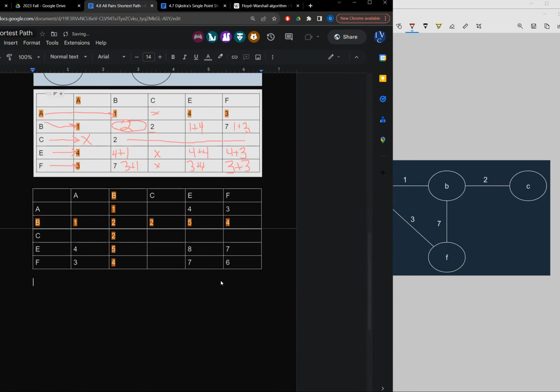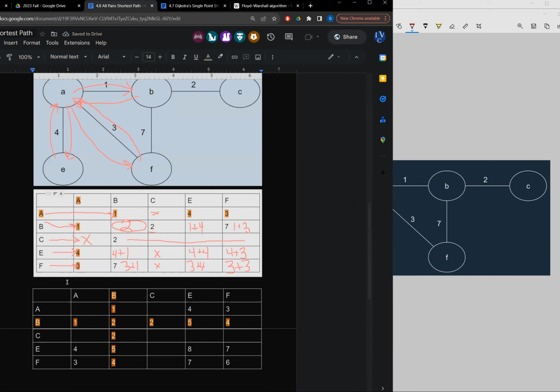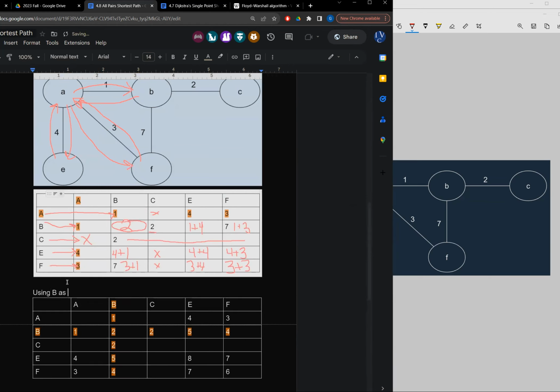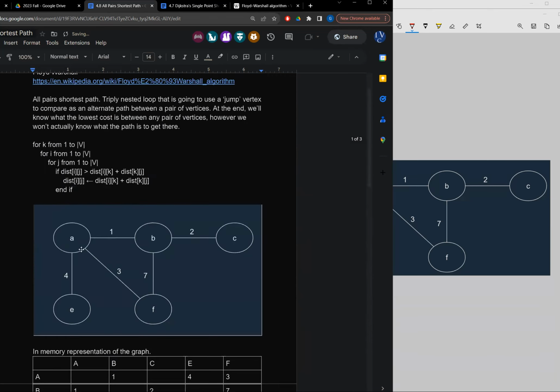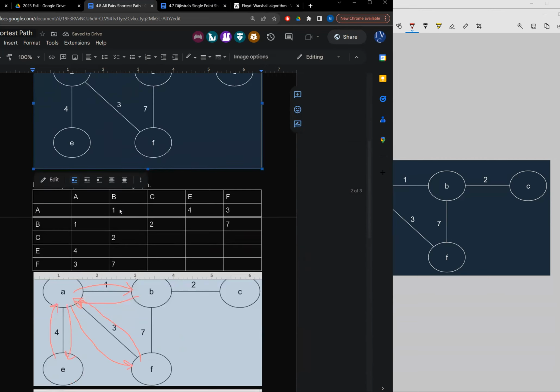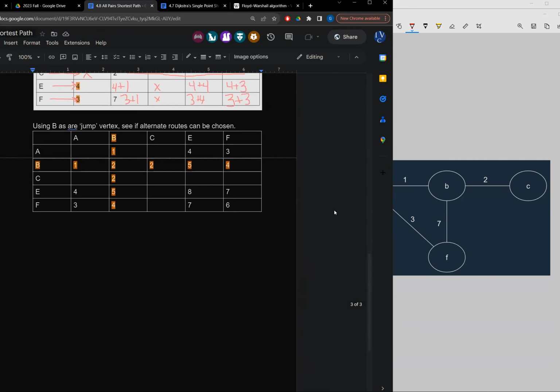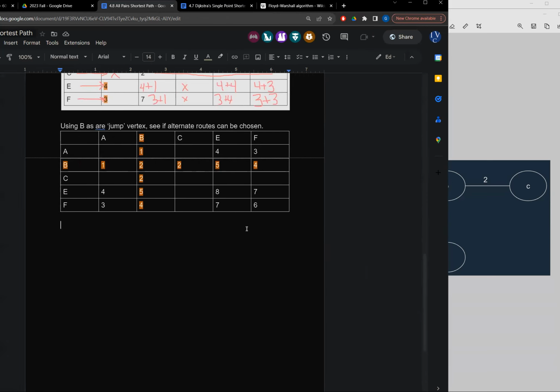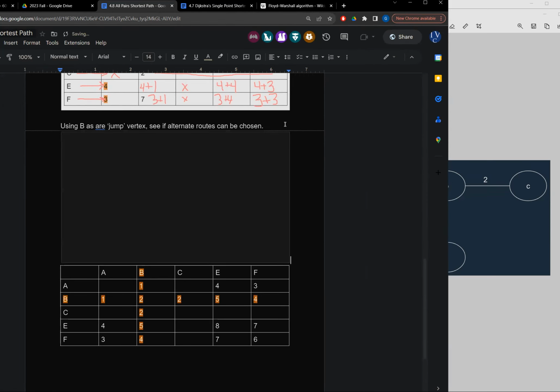Right, so using B as our jump vertex, see if alternate routes can be chosen. And so go grab the graph again.